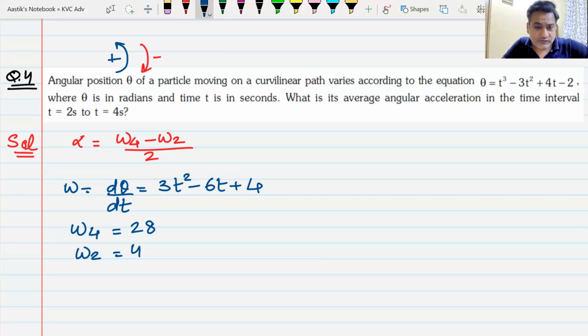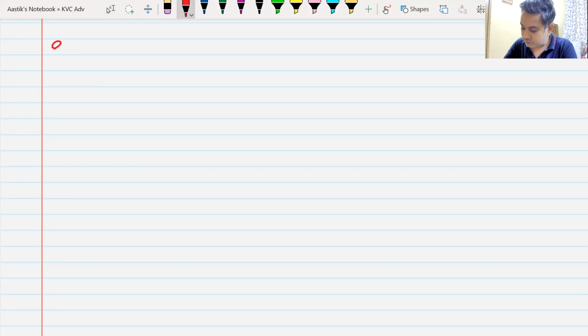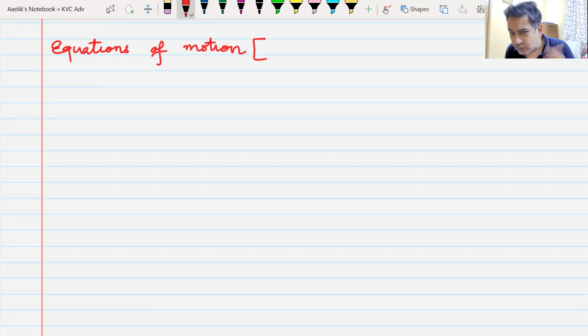Now what we are going to see is the equations of motion for angular motion. Now remember, these equations of motion are only made for what case? Constant alpha. Do we understand this?